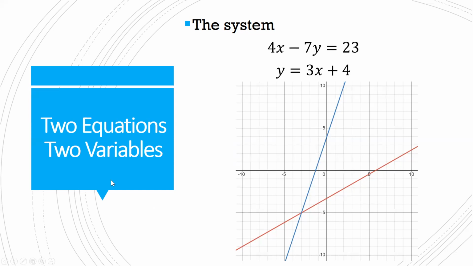Notice that most of the time when we have two lines, they're going to cross at a single point. And therefore, you can see this graphically. The point there is -3, -5. That's the point at which the two lines cross. And so that's the only point that's going to work in both equations.